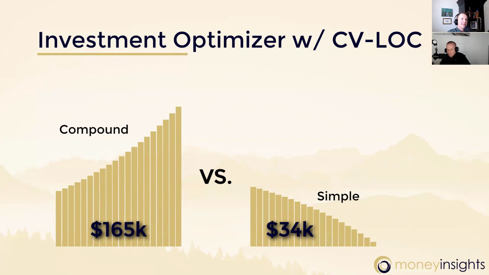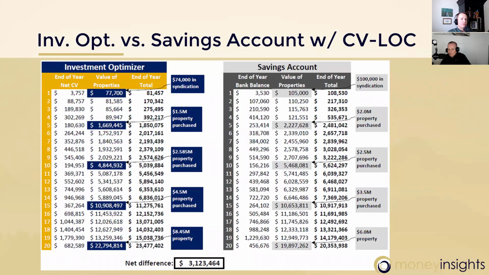When we then take that and extrapolate that, like we showed on that side-by-side comparison, over multiple deals, continuing to flow that money in and out based on that original $500,000 that we showed going in. Again, as a reminder, the difference was a little over $2 million by using the investment optimizer as opposed to the savings account in the previous example. And we kept everything else the same.